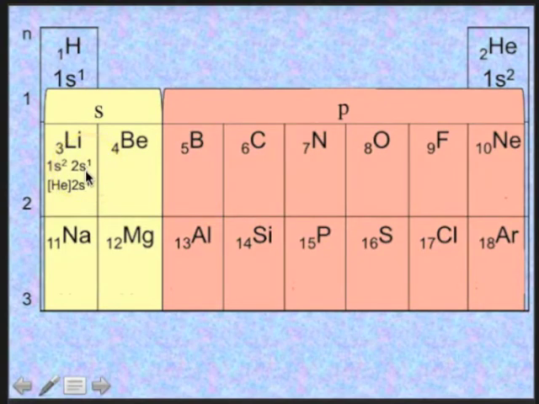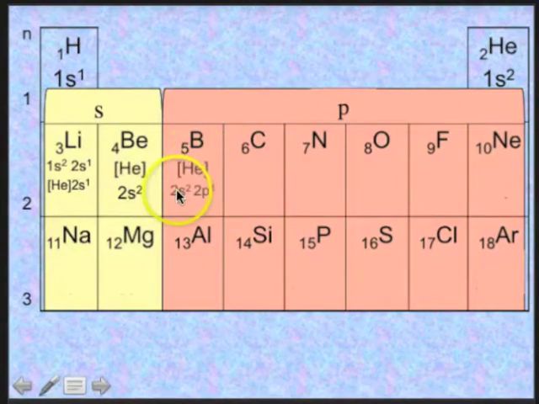So this can be written as 1s2, 2s1, or it can be written as helium core, which means the electronic configuration of helium. Helium is in brackets, and then 2s1. Beryllium has four electrons, so it has the helium core, and then fills up the 2s orbital.